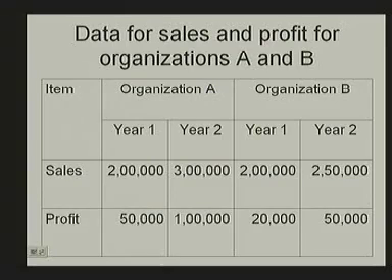Profit for organization A in year 1 was 50,000, while in year 2 it was 100,000. Now, organization B's data: the sales in year 1 was 200,000, the sales in year 2 was 250,000, the profit in year 1 was 20,000, and profit in year 2 was 50,000.